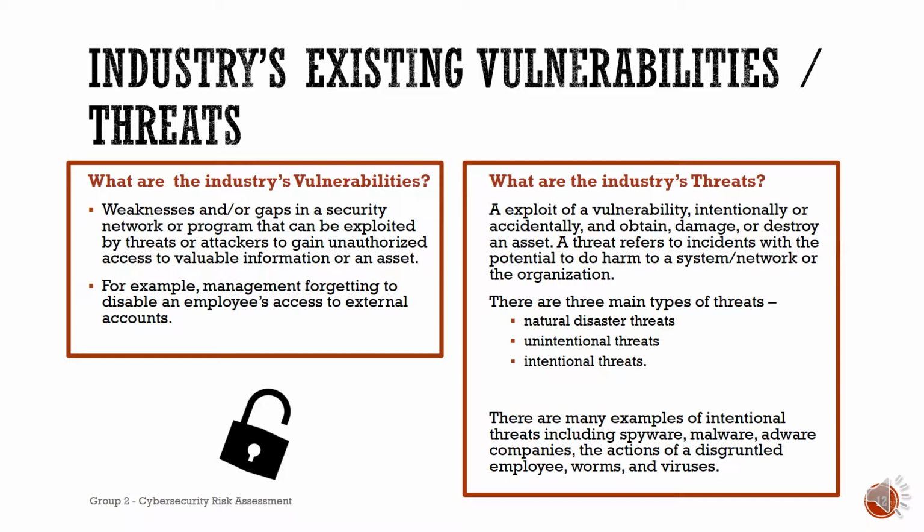There are many examples of intentional threats, including spyware, malware, hardware compromises, or the actions of disgruntled employees. In addition, worms and viruses are also categorized as threats because they could potentially cause harm to the organization and expose software to an automated attack.